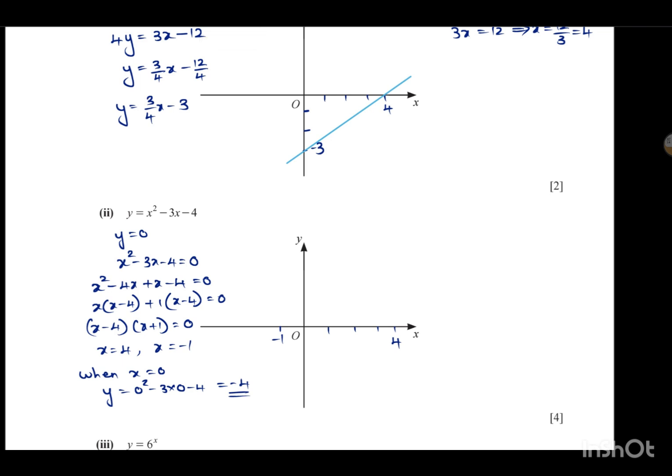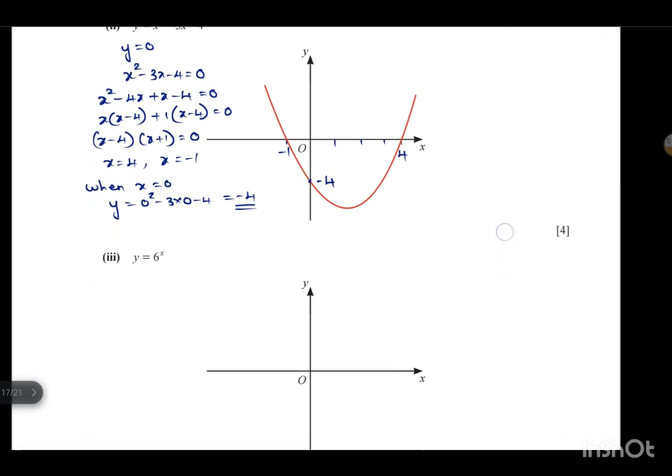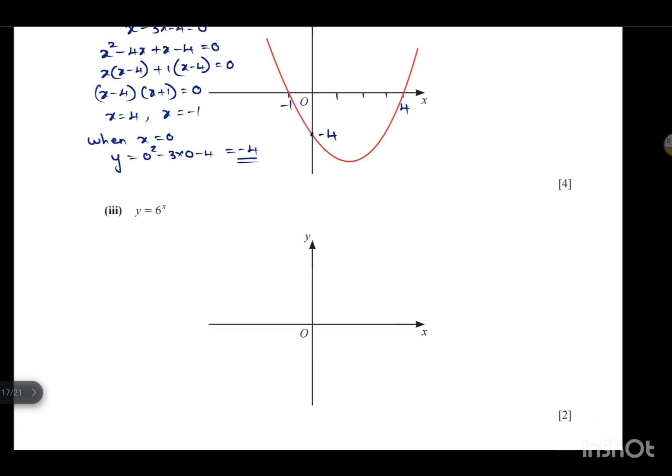And your curve will be something like this. So the y-intercept is minus 4. This is the second question.